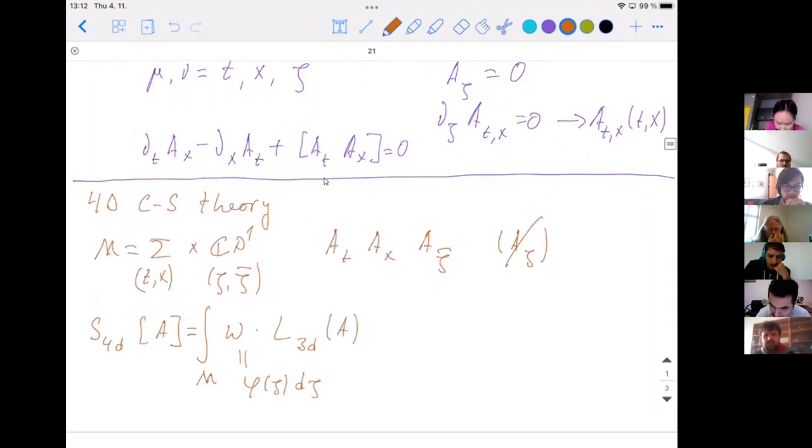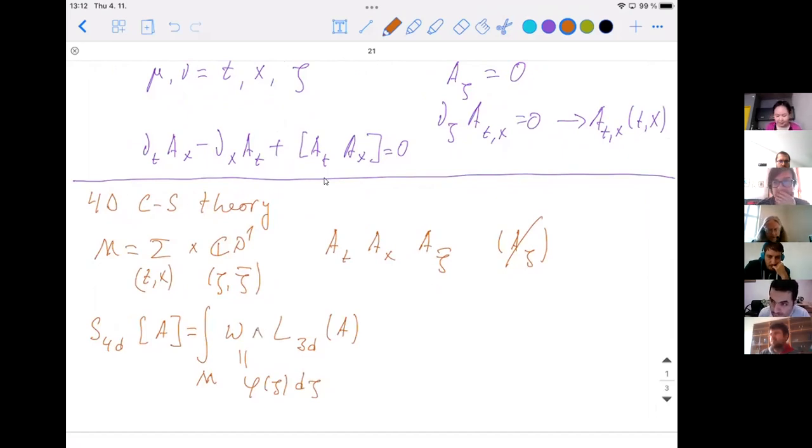There should probably be a wedge between the one-form and the three-form, right? Yes, often we don't write the wedges. It's implicit.